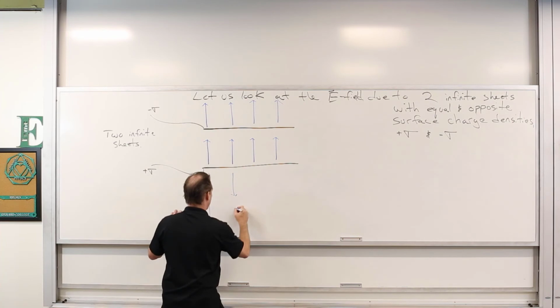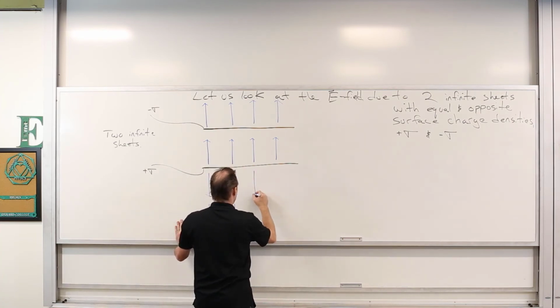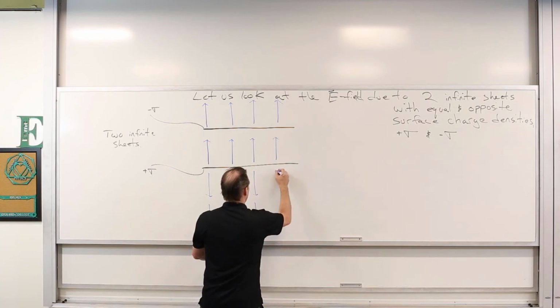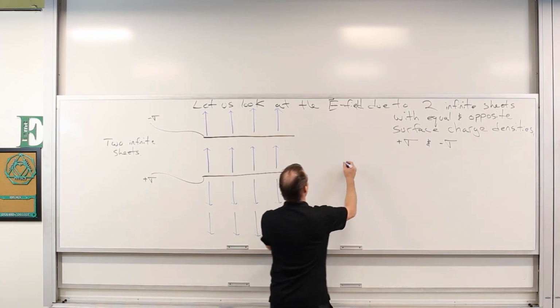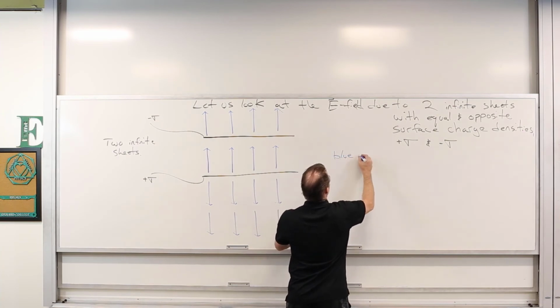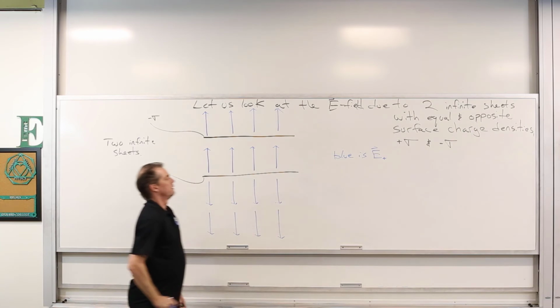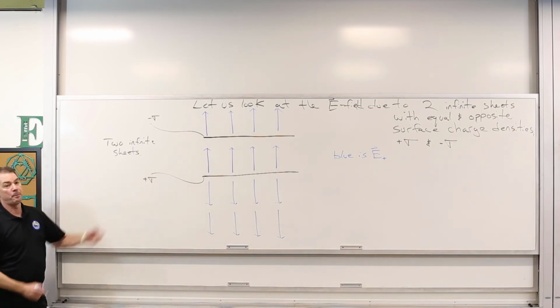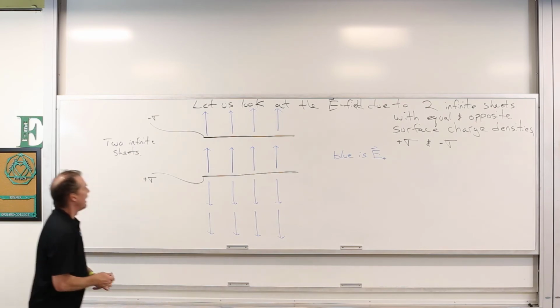So I'm just drawing it for two things so we can see that it has the same magnitude. And the blue is E hat plus, and that's, again, due to this positive sheet here. Positive surface charge density. All right.